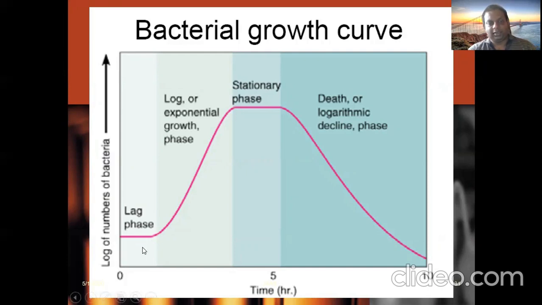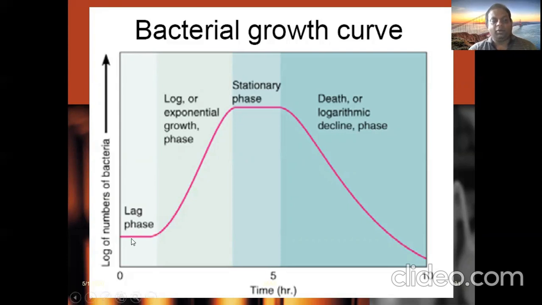Initially, we take some bacteria and put them into a culture media. Once we have inoculated, it depends. Every bacteria is not a fixed or constant one. It depends on the different types of bacterial species.